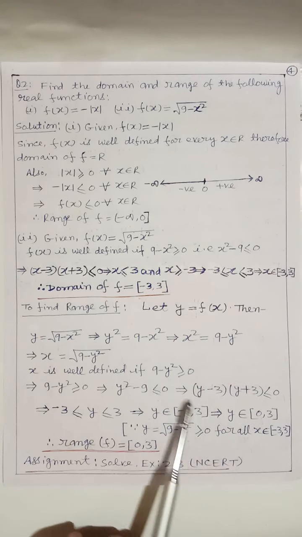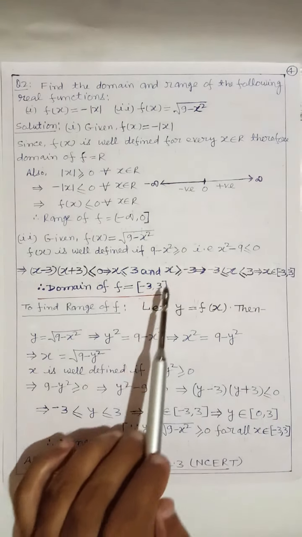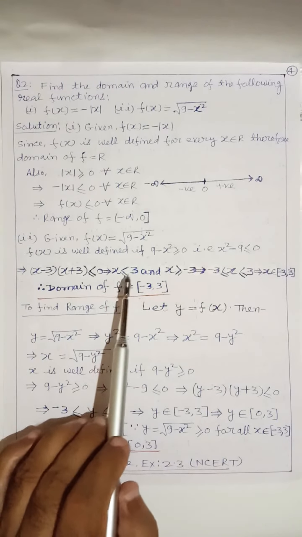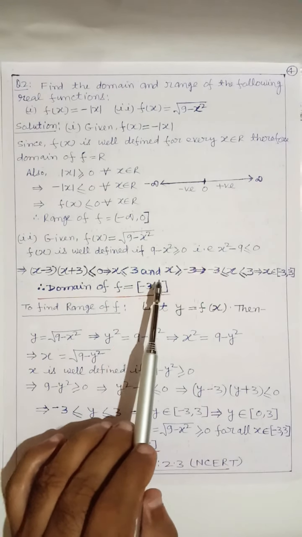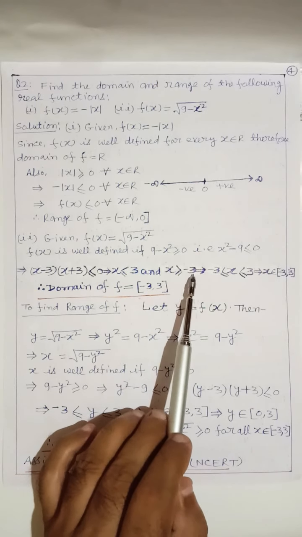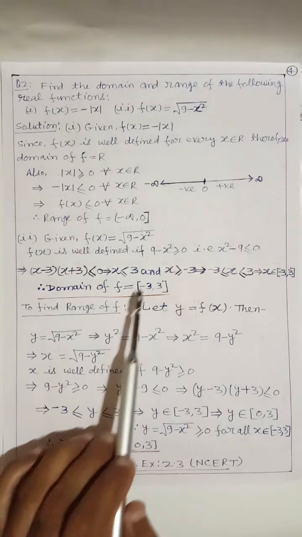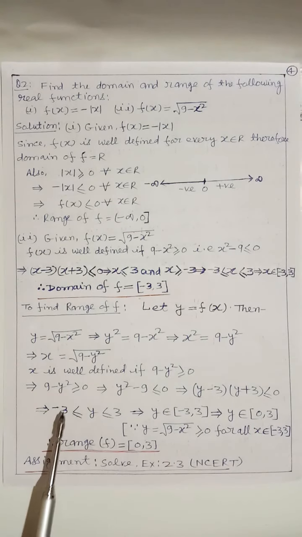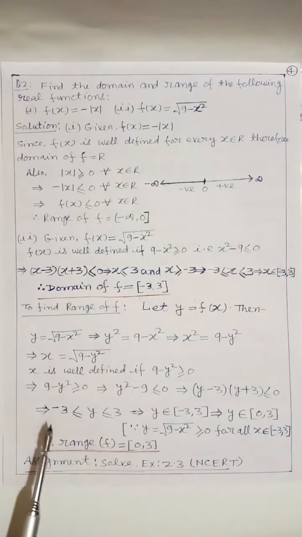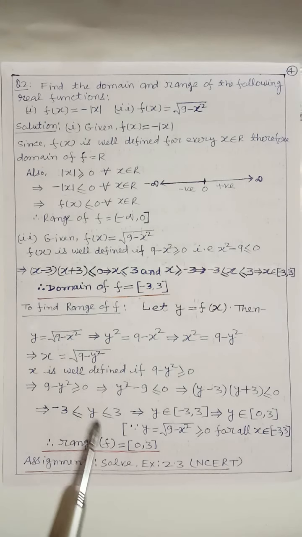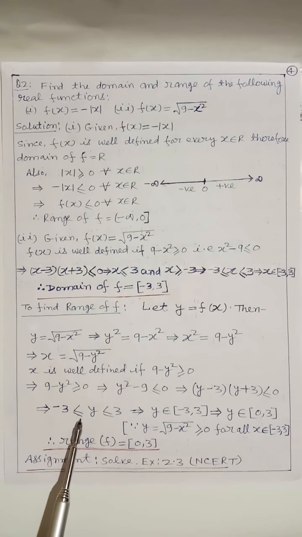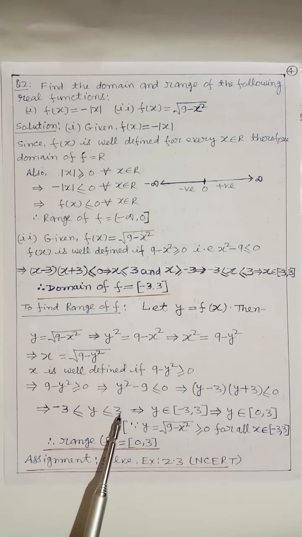On the basis of this, y is less than or equal to 3 and y is greater than or equal to minus 3. Combining these two, we can write minus 3 less than or equal to y less than or equal to 3.